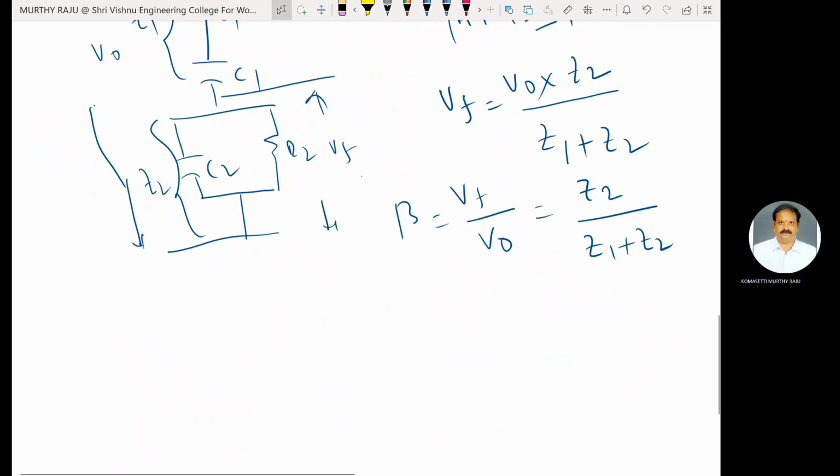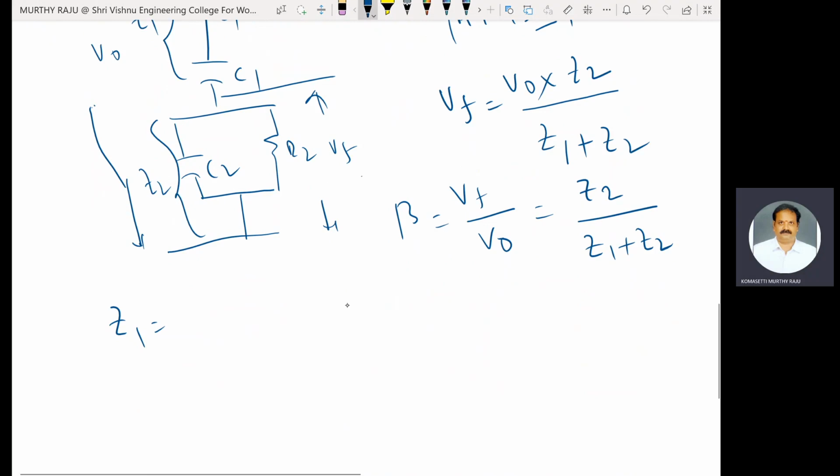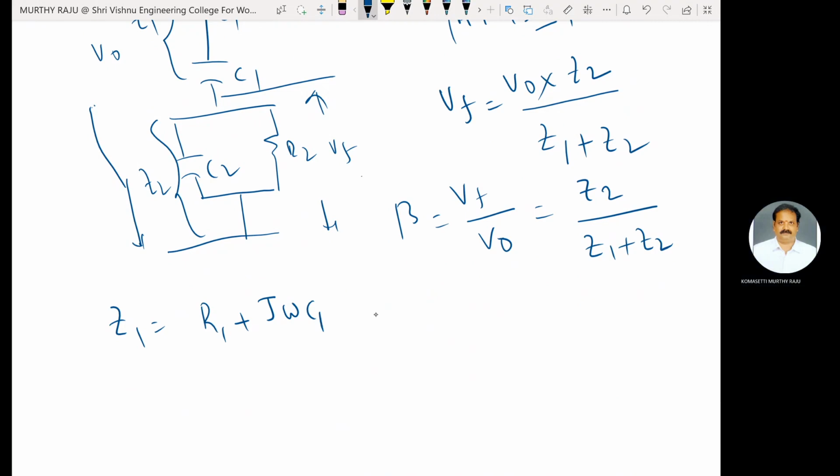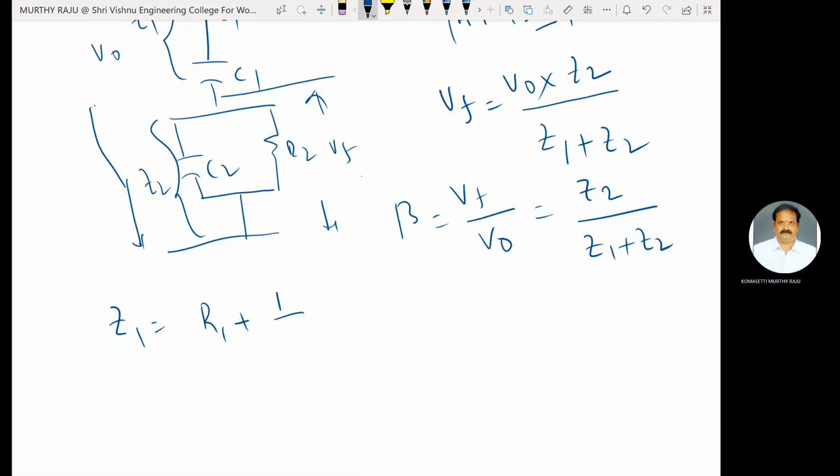Here, Z1 is equal to R1 plus 1 by j omega C1, since these two are connected in series. Capacitor reactance is equal to 1 by j omega C1.